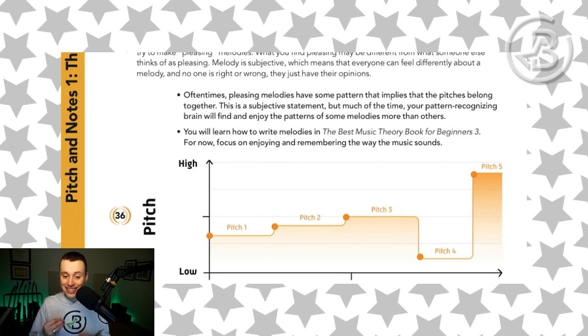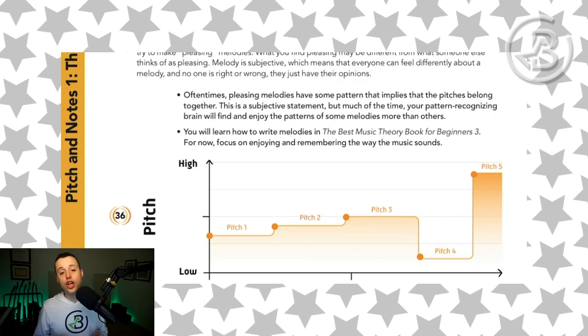While it still is subjective, our brains are programmed to recognize patterns and to find comfort in patterns. So most of the time melodies have patterns. And if it doesn't have pattern, you might not like it quite as much because your brain just really likes to find patterns.